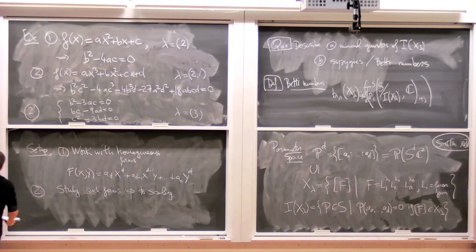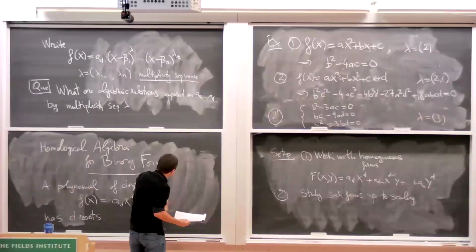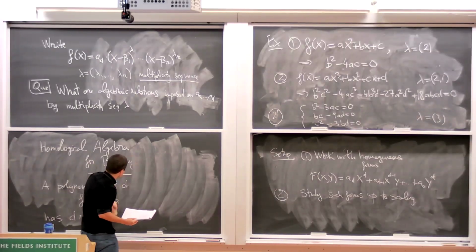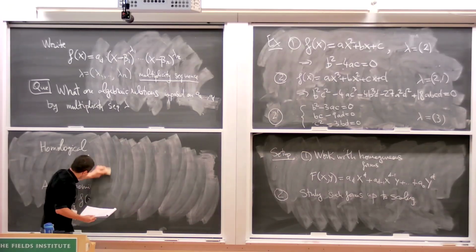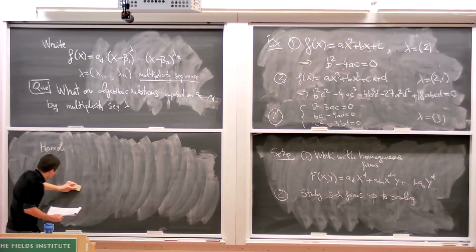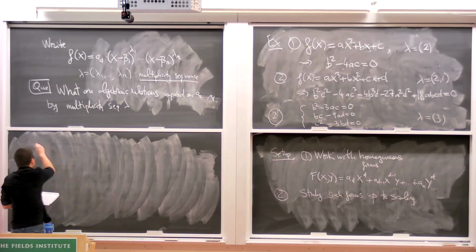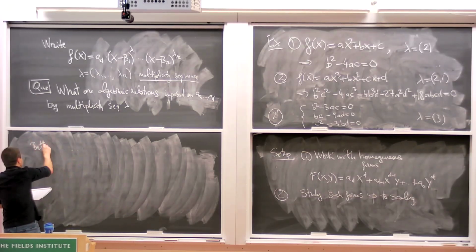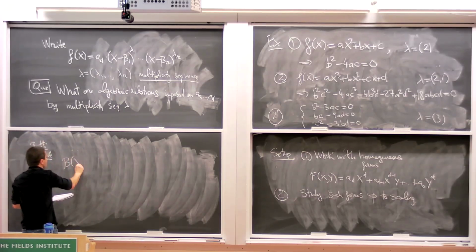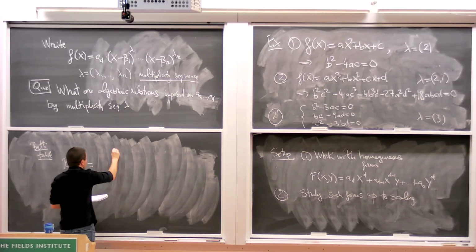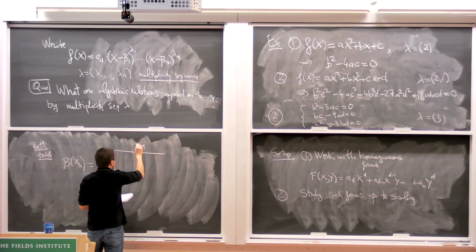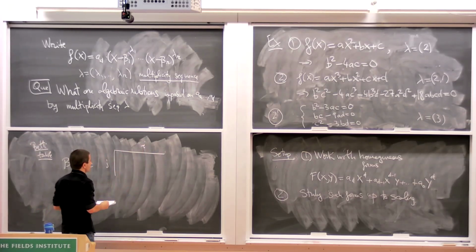Okay, so the Betti table, for instance, of X lambda. Or I think of i as indexing columns, maybe j as indexing rows.